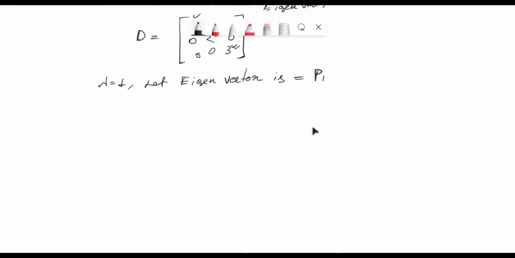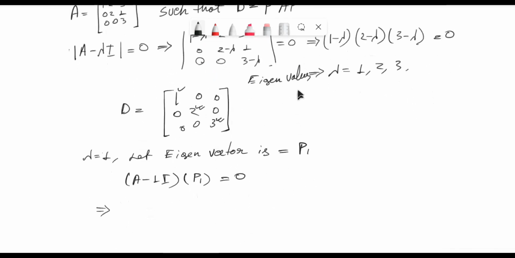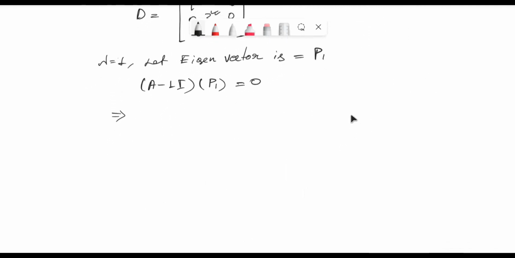To find the eigenvector, the equation will be (A minus 1 times the unit matrix of 3 cross 3) times capital P1 equal to 0. So simply put 1 in place of lambda: 1 minus 1 is 0, 2 minus 1 is 1, and 3 minus 1 is 2.